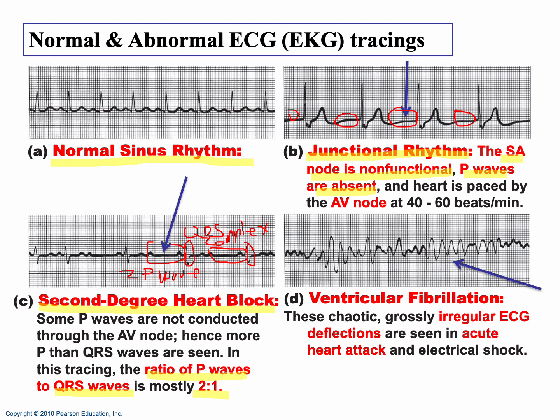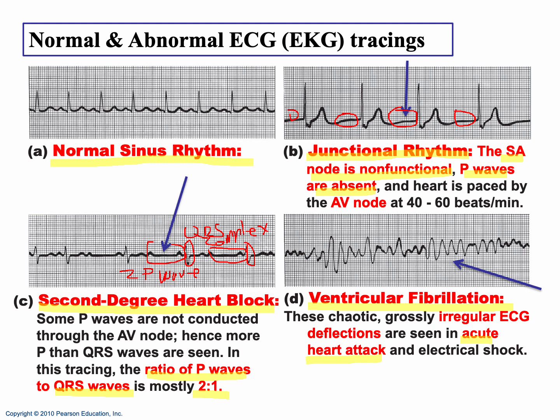All right, and then letter D, we have the ventricular fibrillation. If you see this, this is definitely someone that's possibly having an acute heart attack. And they may be dead within a matter of seconds, perhaps. They might be flatlining soon.